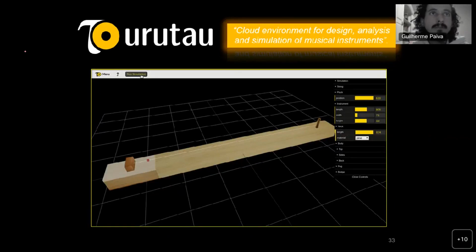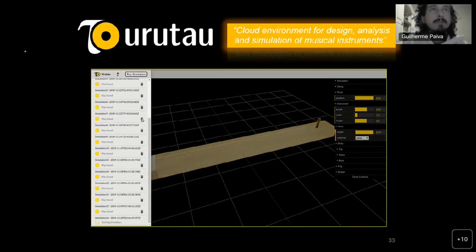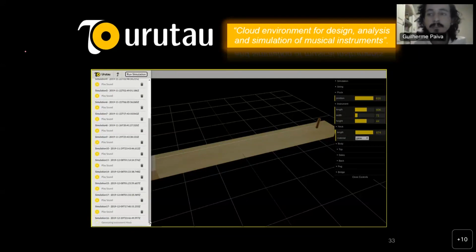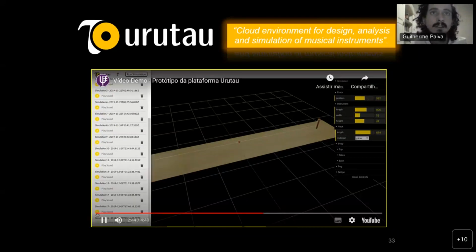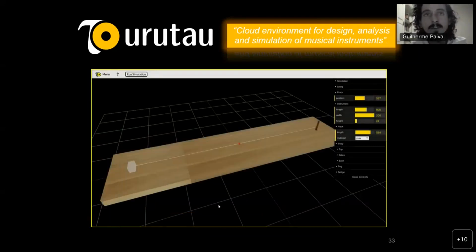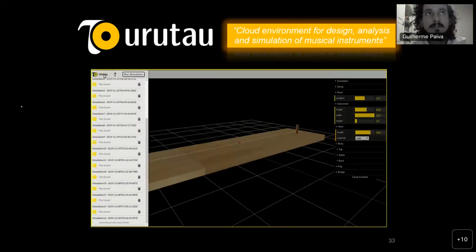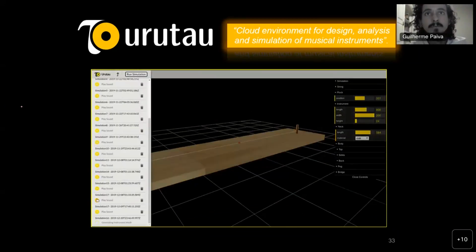So we can run the simulation and you can create your profile where you can store all your different simulations and retrieve all the configurations. And you can listen to the sounds from these different simulations.